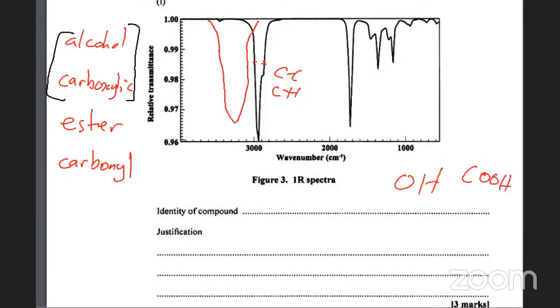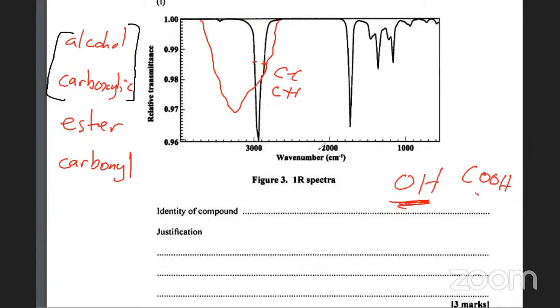If you see a peak like this that is kind of broad, that's an OH in a regular alcohol. If you see something like this, up at the 3,000 mark, that's the OH in a carboxylic acid.